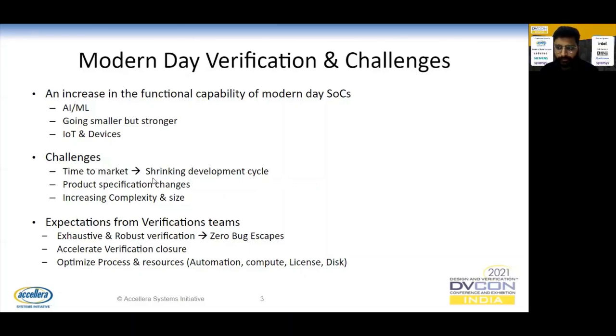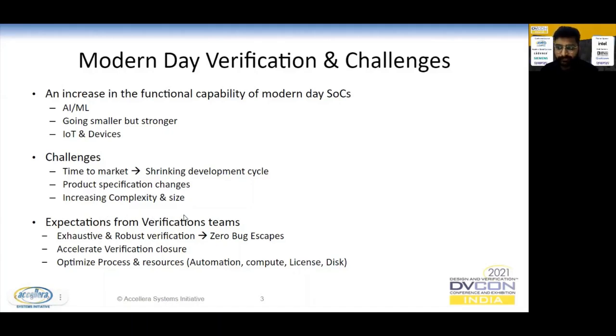Time to market has always been a challenge, but now with growing competition, it has become very important as development cycles keep shrinking. Not only that, many times product specification also changes dynamically, which adds cherry to the cake. Designs are becoming more complex owing to small area and more functionalities.